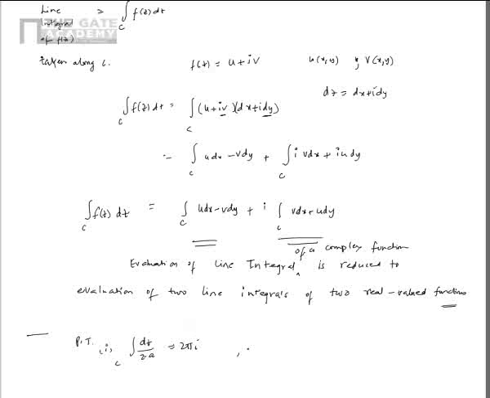The second bit is that the integral over C of (z minus a) to the power n dz is equal to 0, where n is any integer, not equal to minus 1. Here C is defined as the circle represented by modulus of z minus a equal to r. So we need to evaluate this. Let's do it.